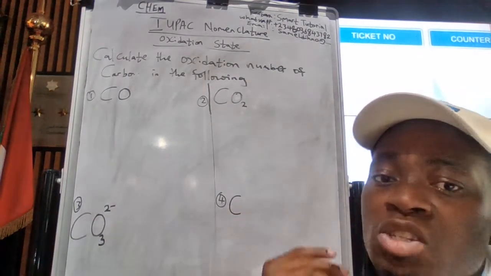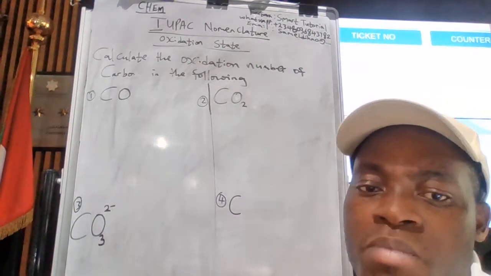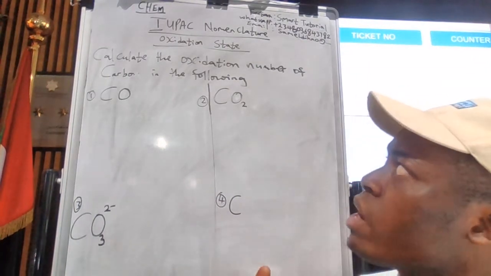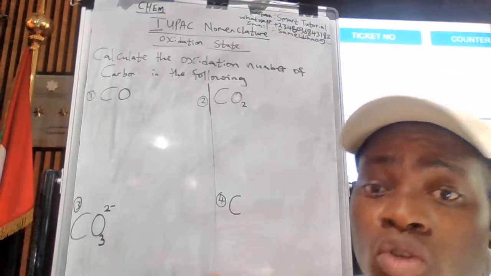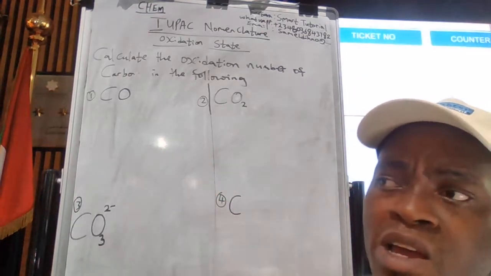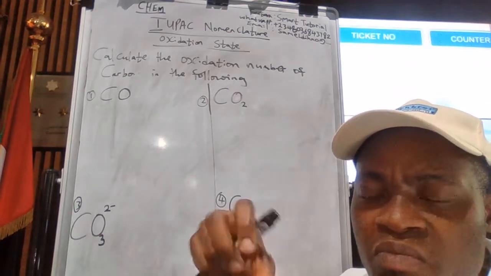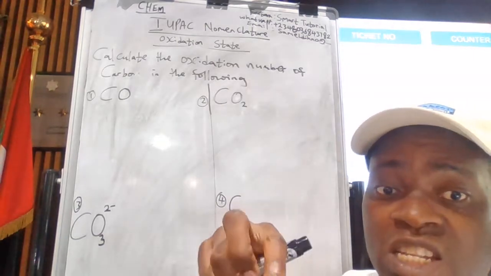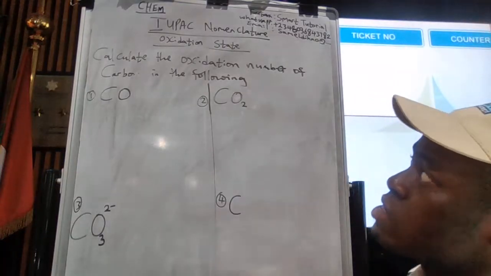So when you are able to calculate the oxidation number, it will help you to name some compounds confidently. Here I'm going to base the video on how to calculate oxidation number. Then from the name, you'll see that the oxidation number of that central element is reflected in the name of that compound. Now let's start with this.